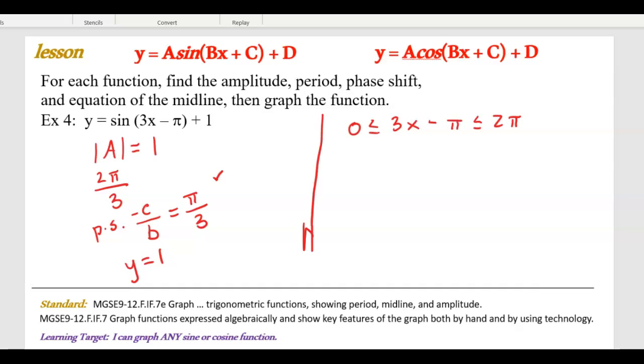Now, once again, you don't have to do this to graph. You can graph without finding this, but this is actually how we're going to conceptualize tangent and cotangent. So it's just kind of nice to get into the habit of solving these complex inequalities.